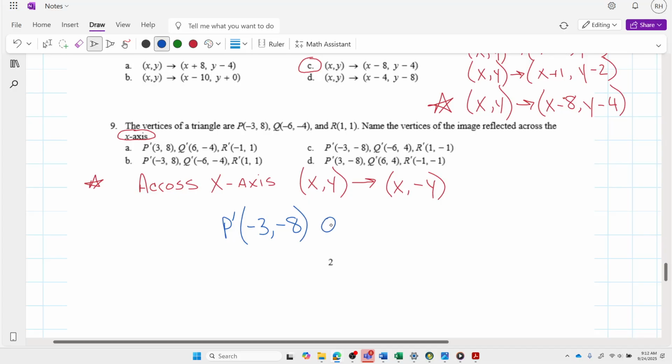Q prime, x stays the same, so x is still at negative 6, and y is opposite, so y will be at positive 4. And then R prime, again, x stays the same, so x is 1, and we multiply y by negative 1, so R prime is at 1, negative 1. Everybody okay with that?